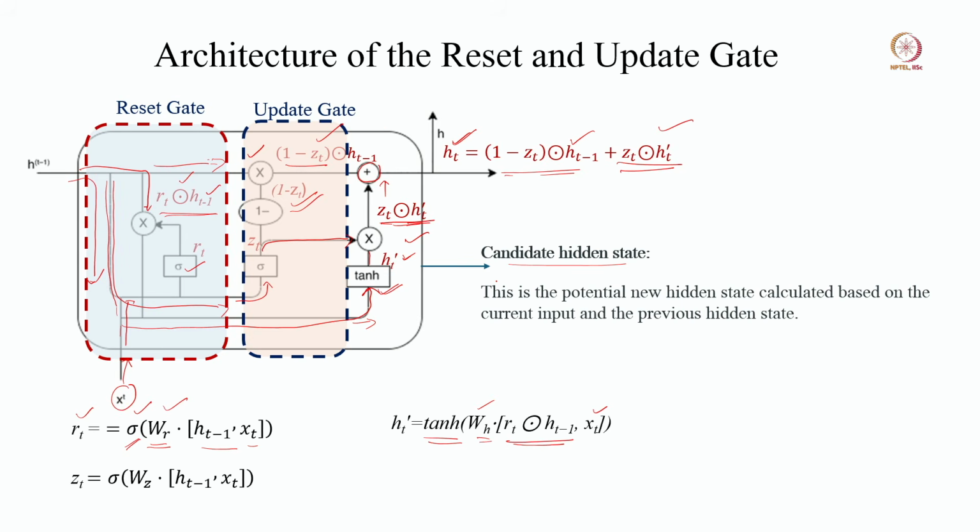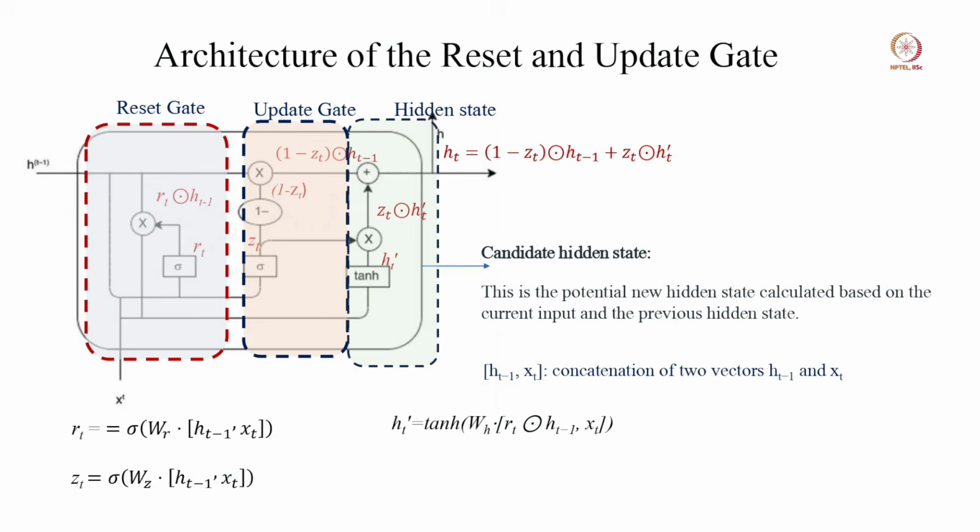Okay. So, there are two things, reset gate and update gate. Reset gate is this part, update gate is this part, and this is basically your hidden state. So, this is the architecture of the reset and the update gate that is present inside the GRU.